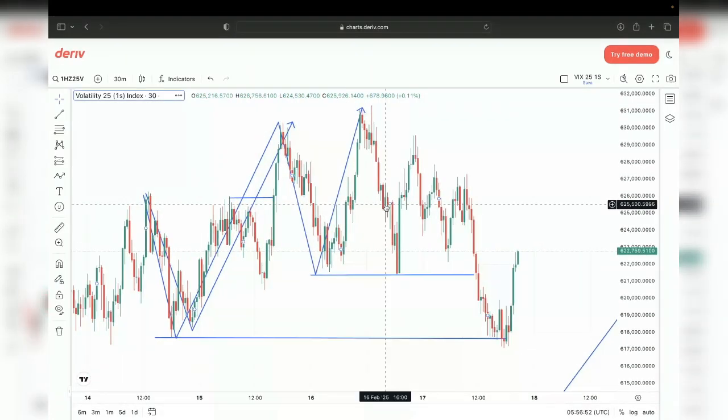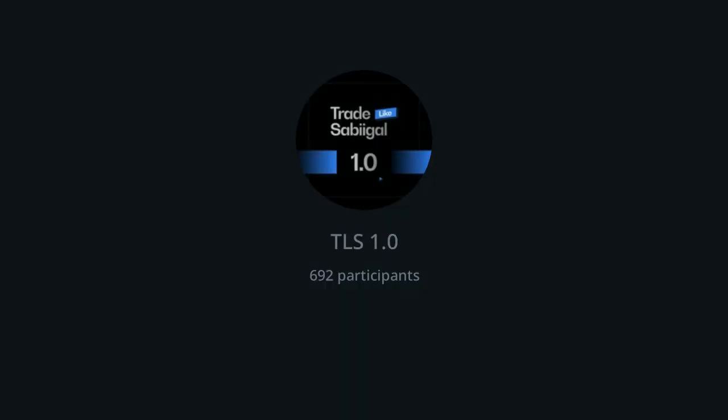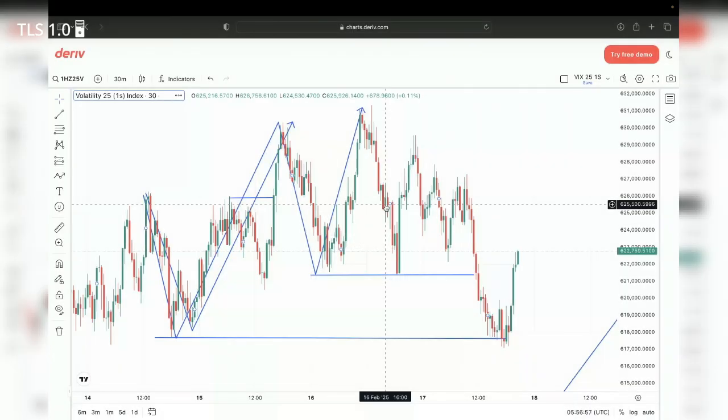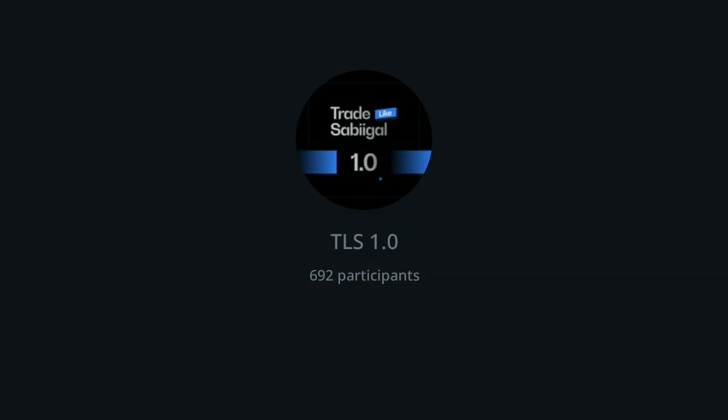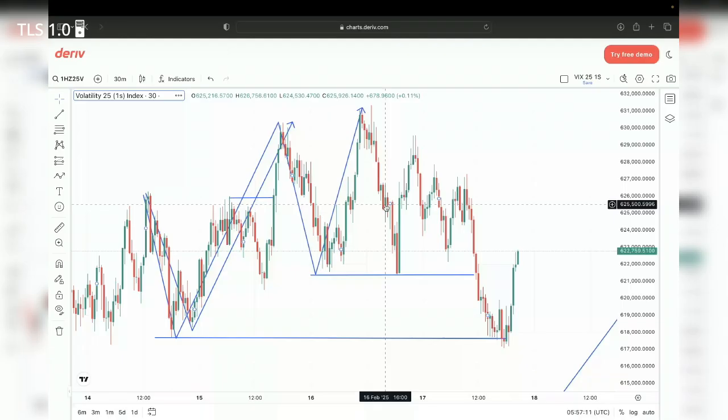On the 4 hour time frame, it closed with a candle with wicks that is above. But on the 1 hour time frame, there's a break of structure with a candle body. Which one are we going to pick as our valid break of structure? Is it the candle with wicks, the fake break of structure, or the 1 hour time frame, the real break of structure? I don't know if you get the question. We will get to that. I understand what you're saying, and we'll get to that soon.